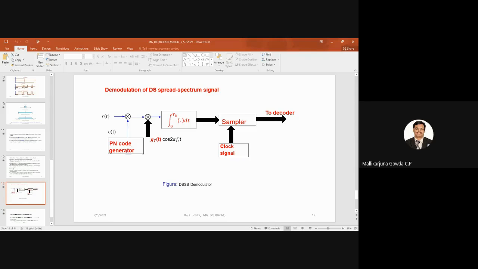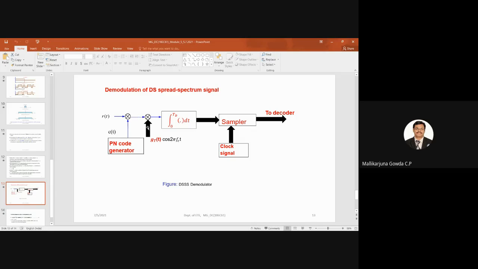This pseudo-noise sequence should be the same as the one used at the transmitter side. By multiplying the received signal by the same pseudo-noise sequence, we do the de-spreading of the signal. So this first step is the de-spreading.